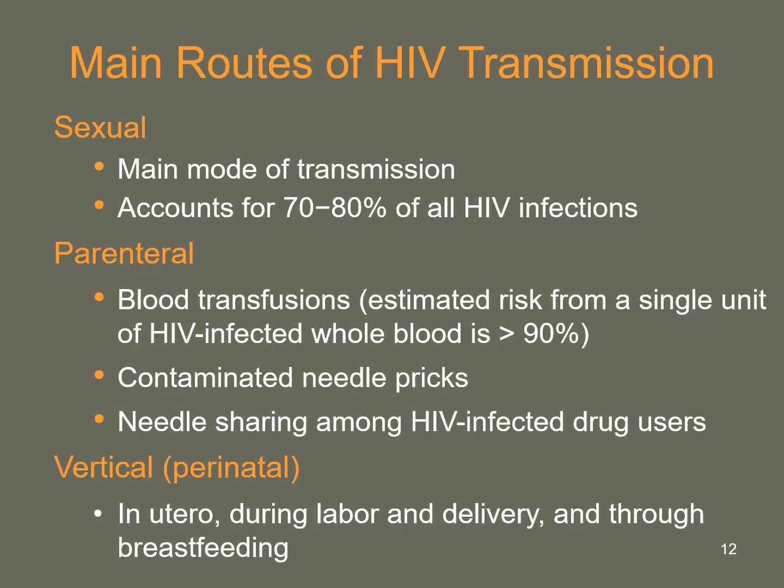The main routes of HIV transmission. Number one, sexual. Main mode of transmission. It accounts for 70 to 80% of all HIV infections. So the fact is that 70 to 80% of people who are HIV positive contracted it sexually.